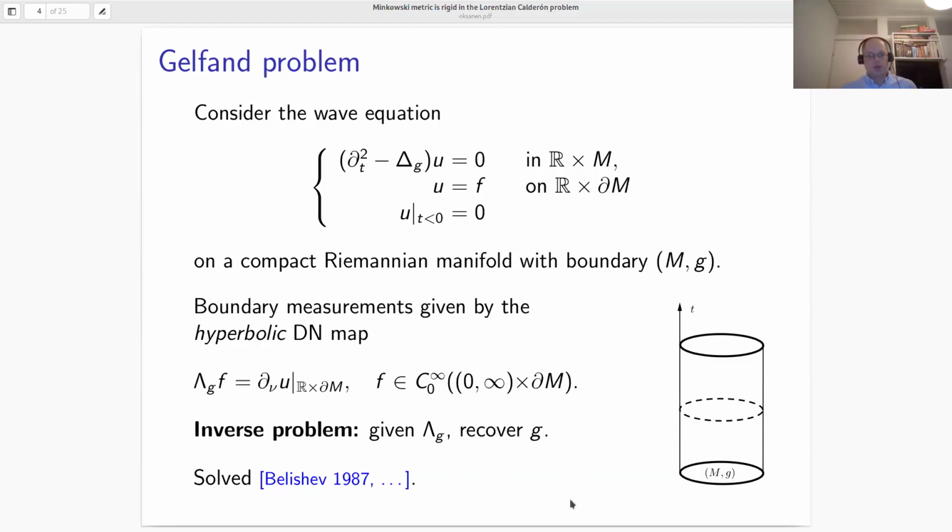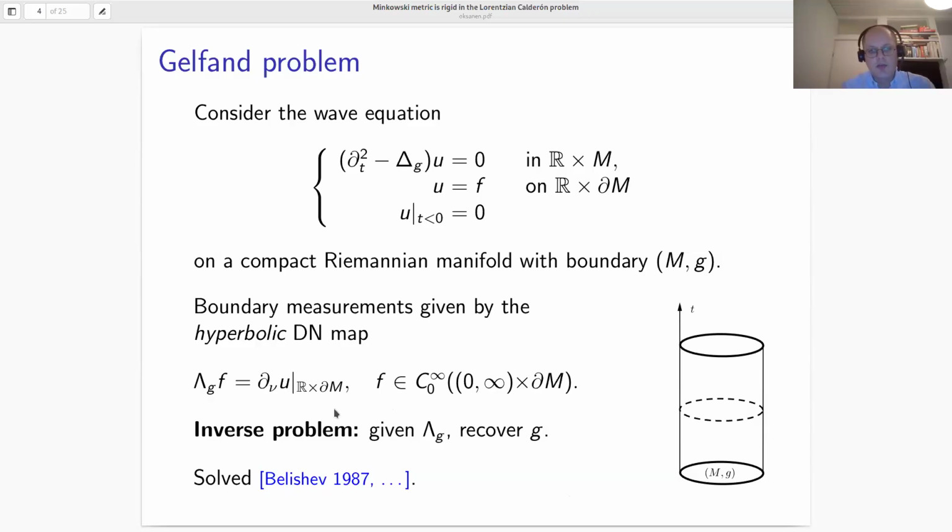And this problem is completely solved by using the boundary control method that goes back to Belishev's original idea, and the geometric version is by Belishev and Kurylev, and there are many other contributions that I'm not going to go into the details of now.